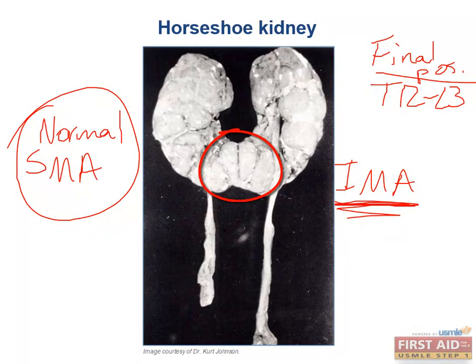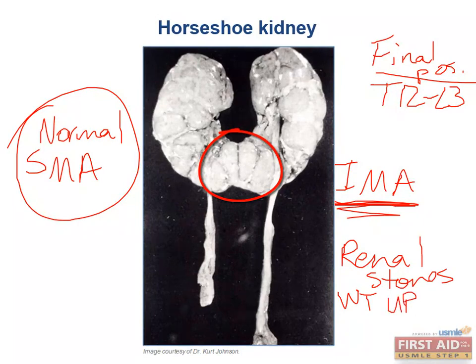Now, horseshoe kidneys function normally, but they are predisposed to renal stones, renal cancer, such as Wilms tumor, and uretero-pelvic junction obstruction, and finally, hydronephrosis.